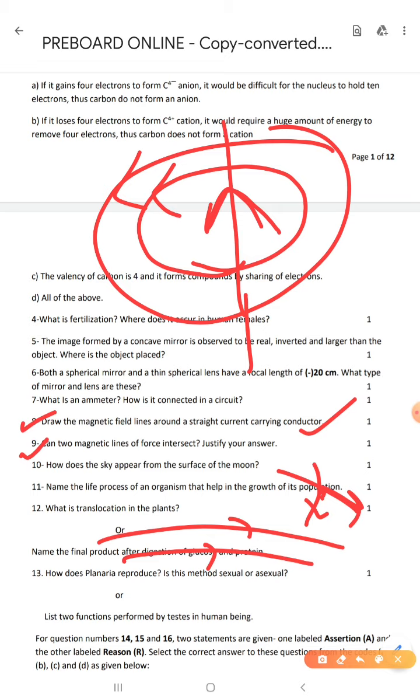If we assume that two magnetic field lines are intersecting, then our assumption will be totally destroyed. So magnetic field lines never intersect each other, because if they intersect at any one point, there will be two directions of magnetic field, which is impossible.